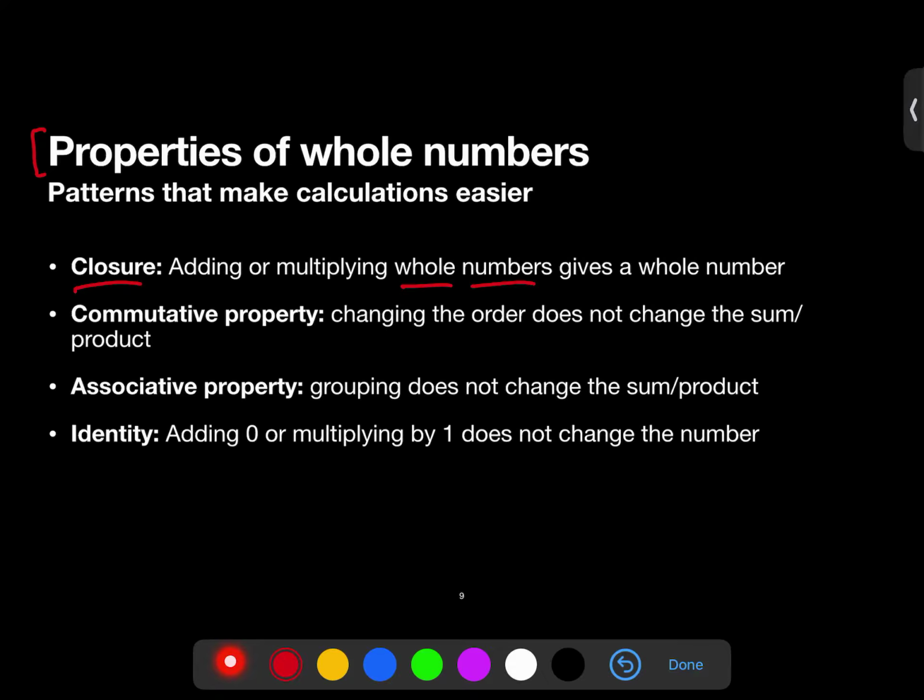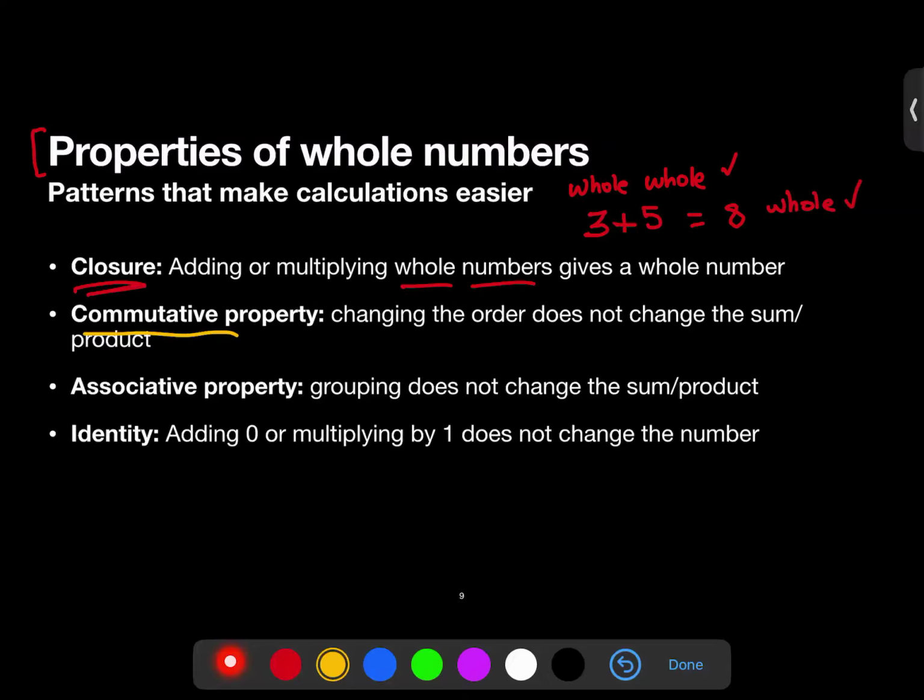For example, 3 plus 5, both of these are whole numbers, and the result will be 8. And 8 is also a whole number. So that is the closure property.